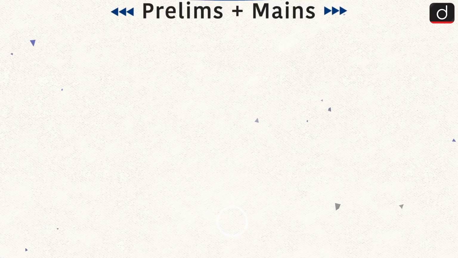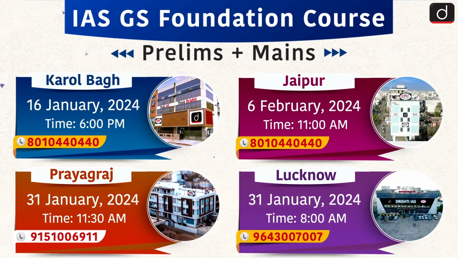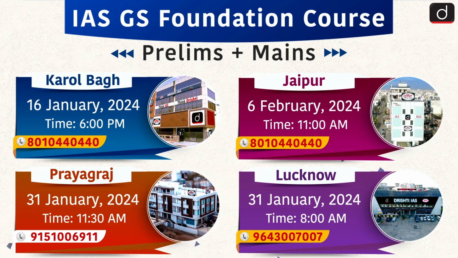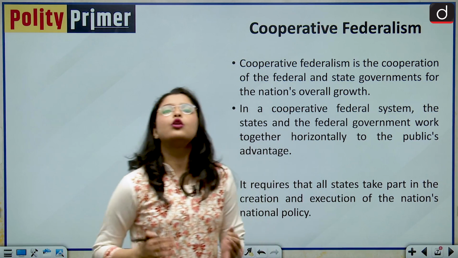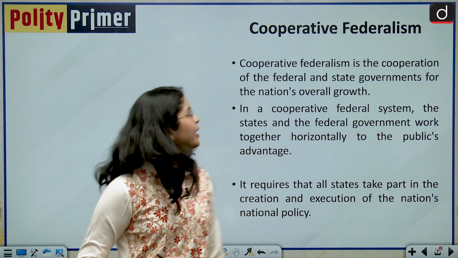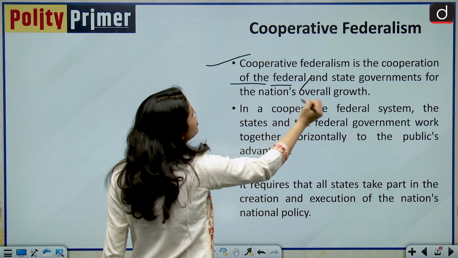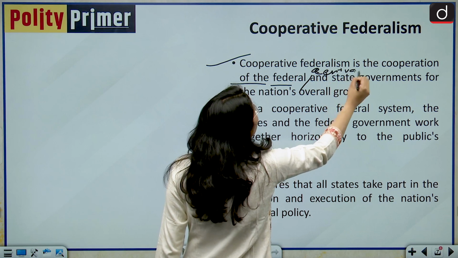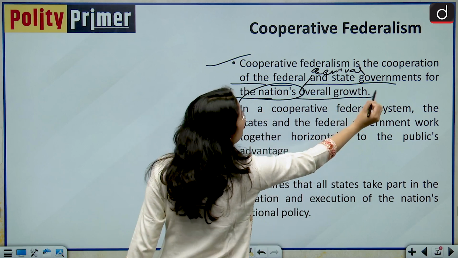Moving forward, let us understand the concept of cooperative federalism. Okay, so cooperative federalism is the cooperation of the federal or the central government and state governments for the nation's overall growth.